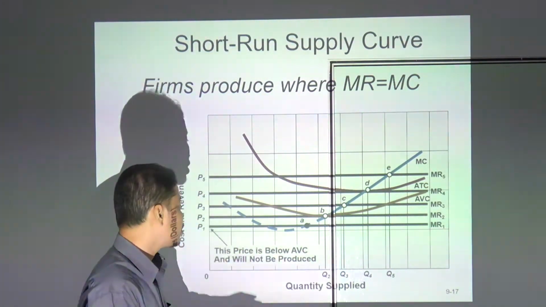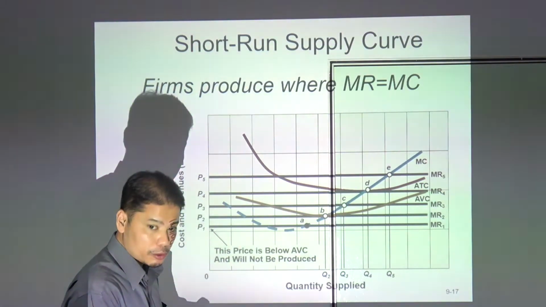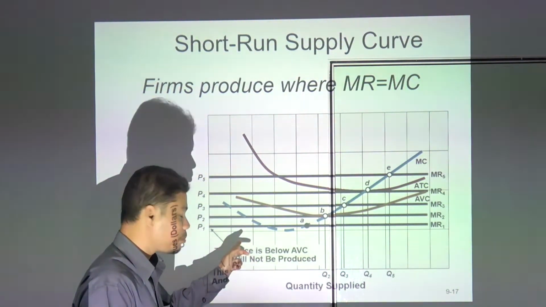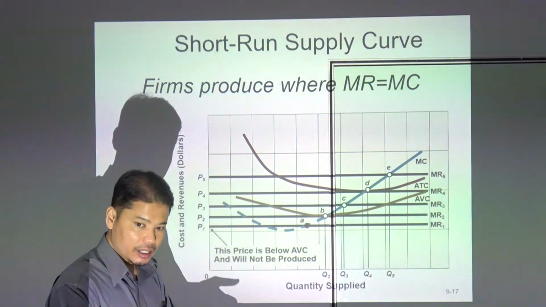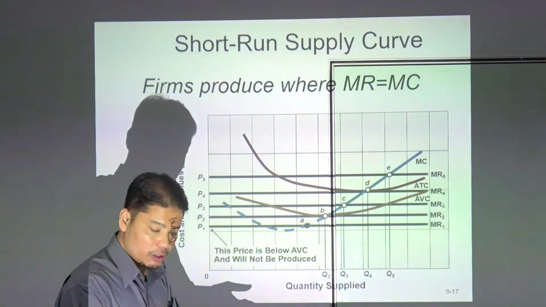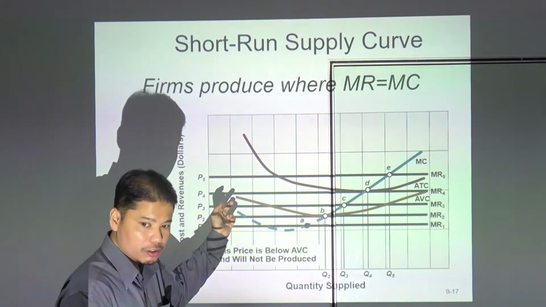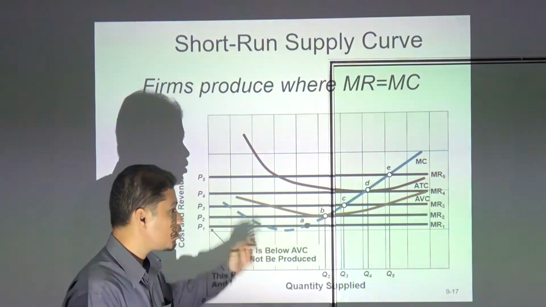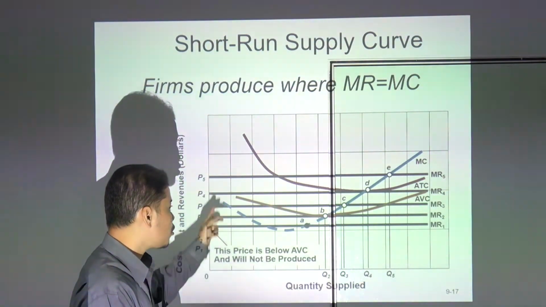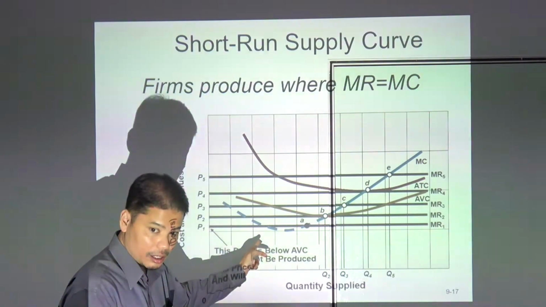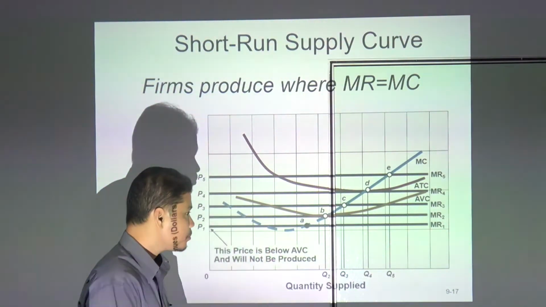If the price goes even below P2, then they will decide to close down. But if it is exactly at P2, because the business is already in operation, they will hope that the price will bounce back so that they will make profits, or at least the loss is minimized. So I'm assuming that if the price drops to P2, the firm will continue to produce Q2 at point B there, hoping that the price will go up.